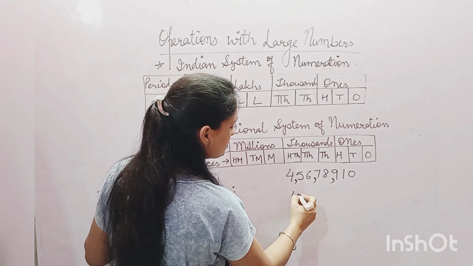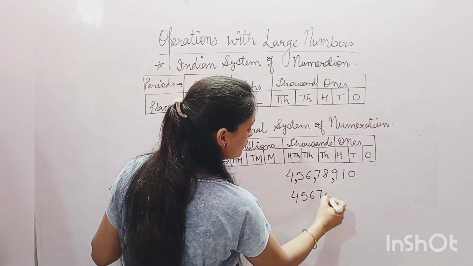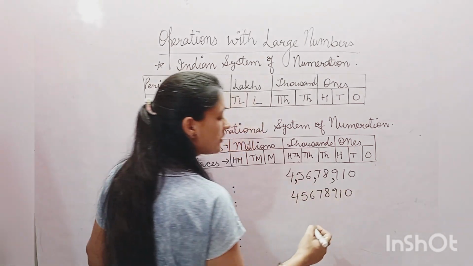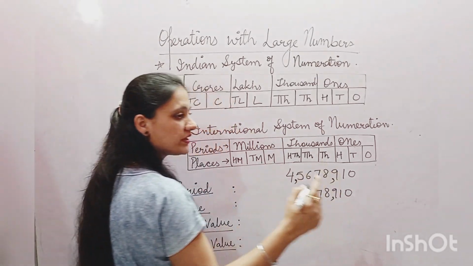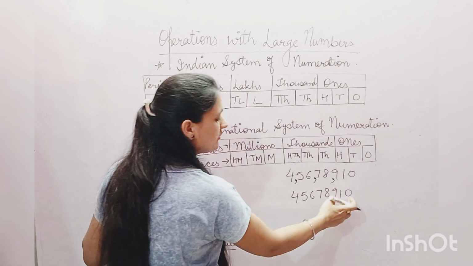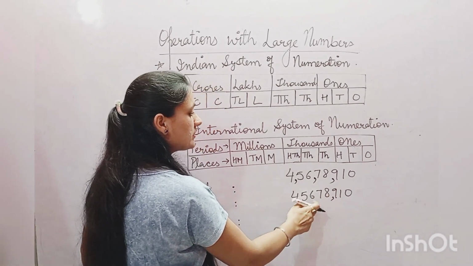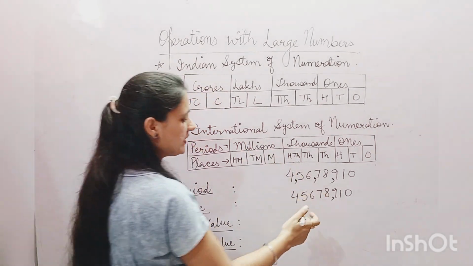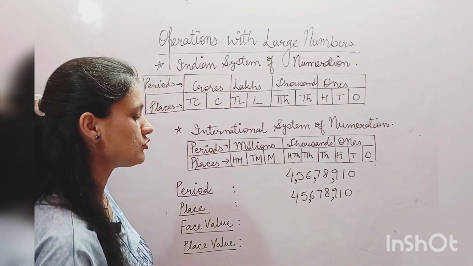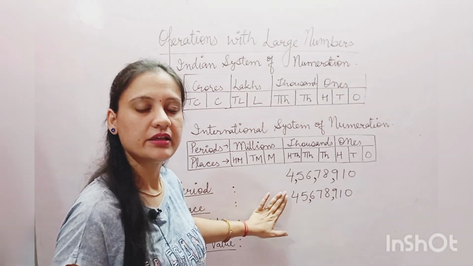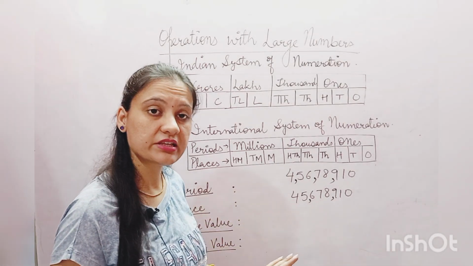And if in case the same number given to you and they ask you to put comma according to the international system, first is same, because ones period having three places, we leave three digits and put comma. But thousand period again is having three places, so we leave three places and then put comma. This is how we used to put comma according to Indian and international system. I hope it is clear to you.